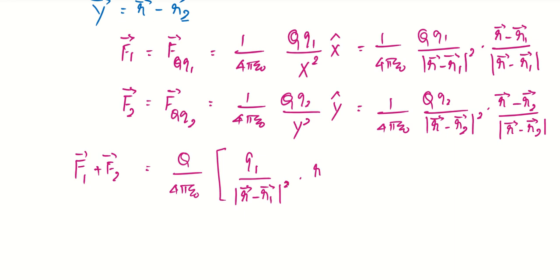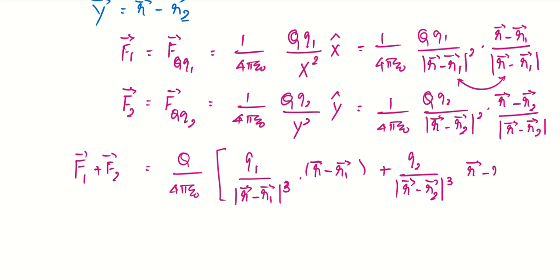Let me write this as the cube itself because these can be combined. So it is Q1 divided by modulus of R vector minus R1 vector cube, times R vector minus R1 vector, plus Q2 divided by modulus of R vector minus R2 vector cube, times R vector minus R2 vector.